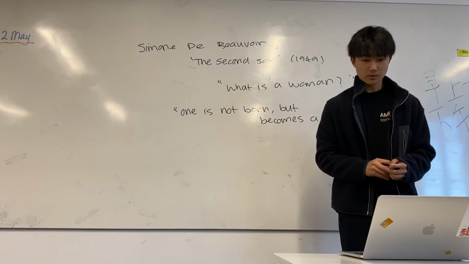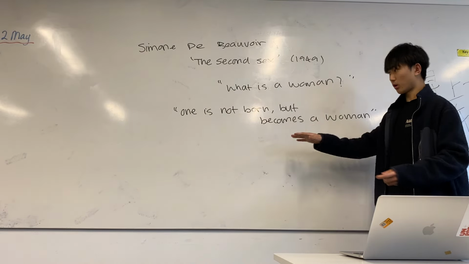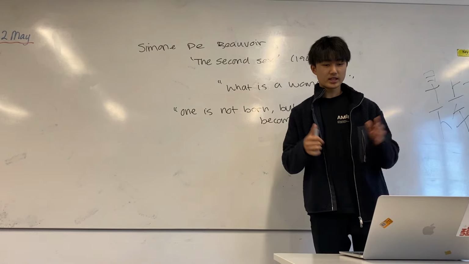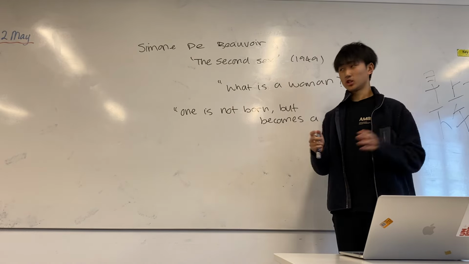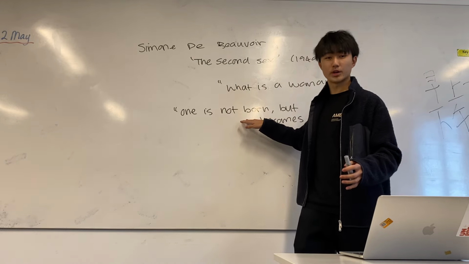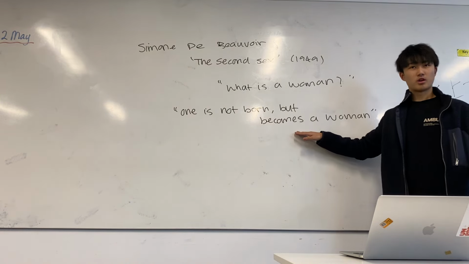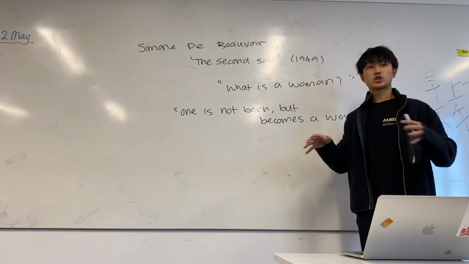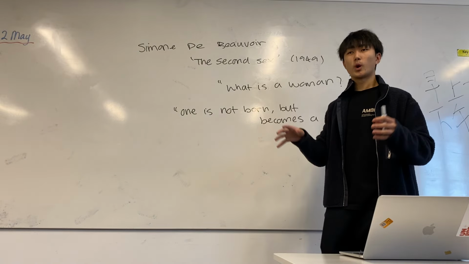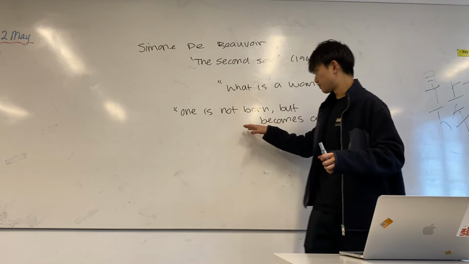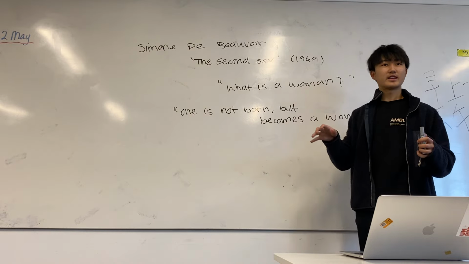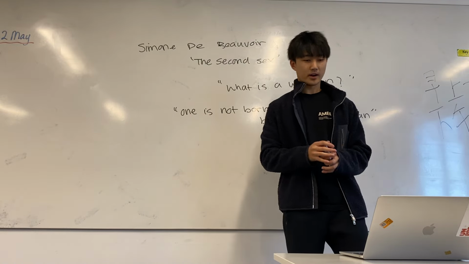This quote drives the rest of the book, and it tells us that femininity is not grounded by biology. We're not born a woman, but rather it is grounded by our situation, what is around us, our social role. It's the experience of the woman that defines someone as a woman.